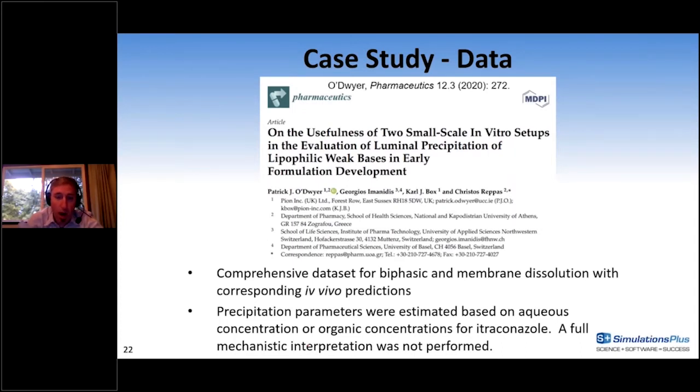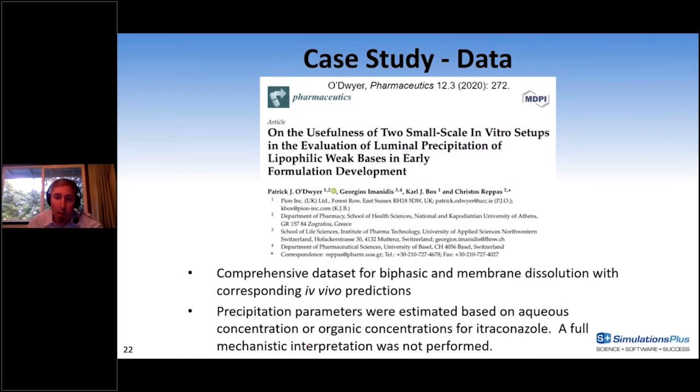I hope to show a little bit more detail than they did in their paper. They didn't really talk too much about how they fit the precipitation parameters to the data. They simply used the aqueous data where appropriate, and then the organic concentrations for itraconazole. It didn't look like they had a full mechanistic interpretation of all the processes going on in terms of the dissolution of the API, the precipitation, and the partitioning into the organic phase or the membrane diffusion.